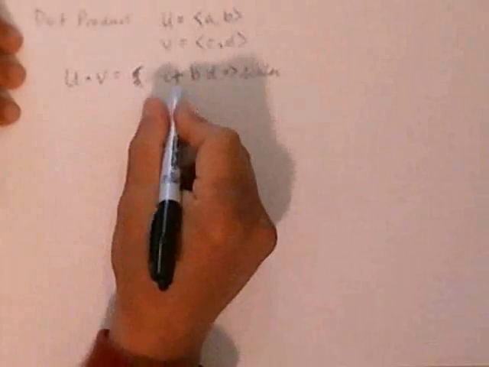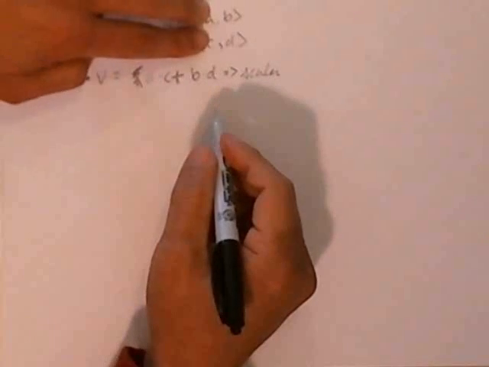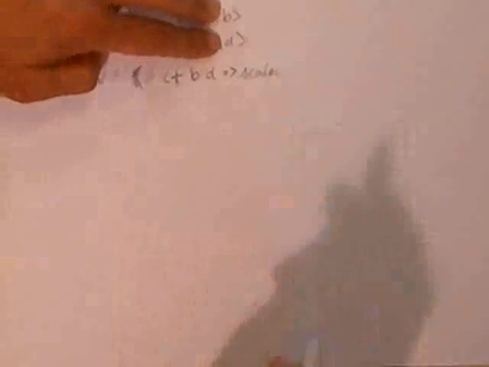That's the definition of the dot product. So we multiply these x coordinates plus multiply the y coordinates.